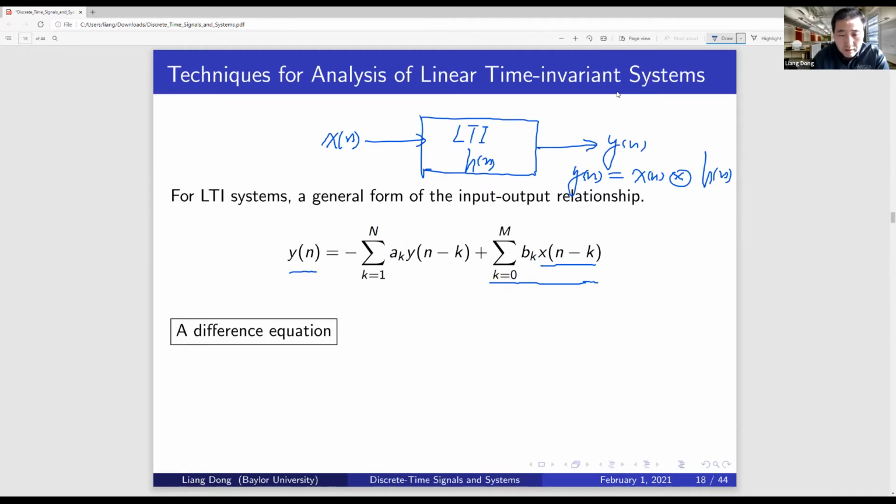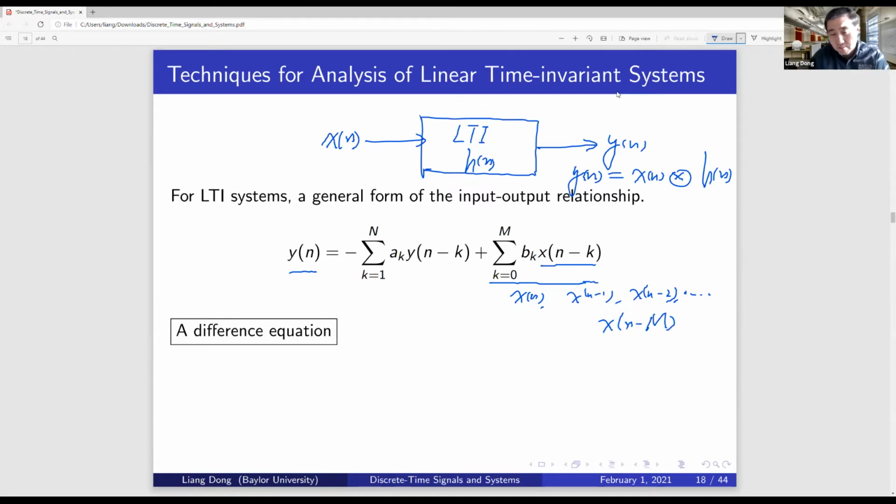It does not depend on future inputs. It depends on x[n], x[n minus 1], x[n minus 2], and all the way to a finite amount of inputs, x[n minus capital M].